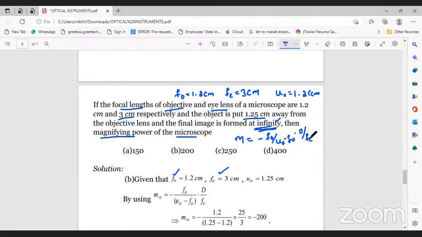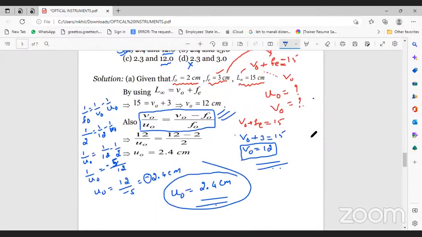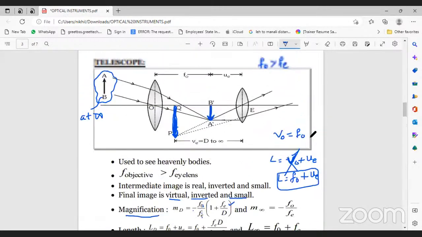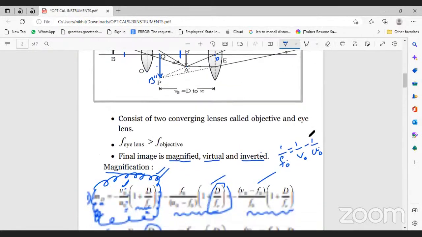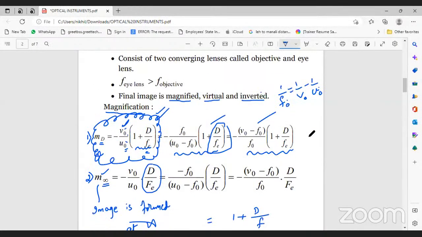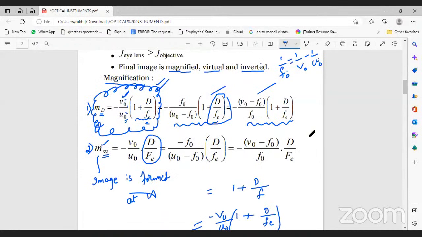Have you remembered this? Yes, sir. I will just show the formula for you. This is the compound microscope. See here, I told you the magnification formula is this, for you to remember: minus V naught by U naught into D by Fe. Now I'm going to use this in this particular case.